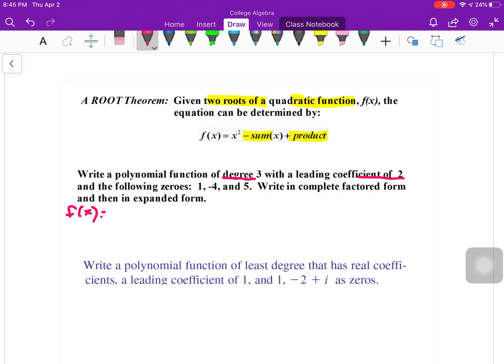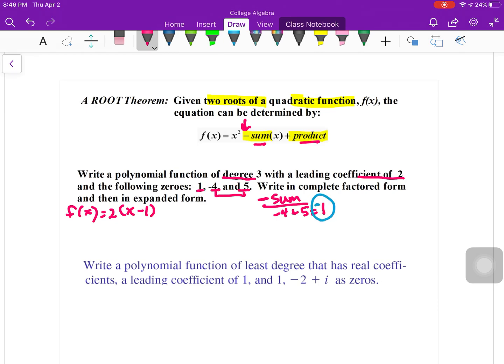We need a 3rd degree polynomial with leading coefficient of 2. So that is f of x equals 2. And then I have zeros at 1, -4, and 5. So I'm going to do a root at 1 makes a factor of x minus 1. These two, I'm going to do this sum product rule. And I always need opposite the sum. So when I take -4 plus 5, I get 1.